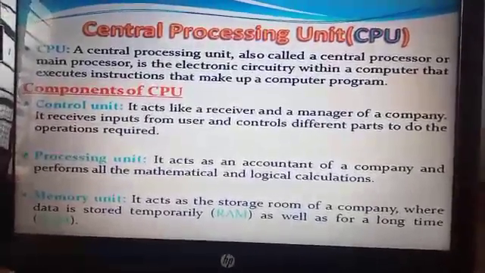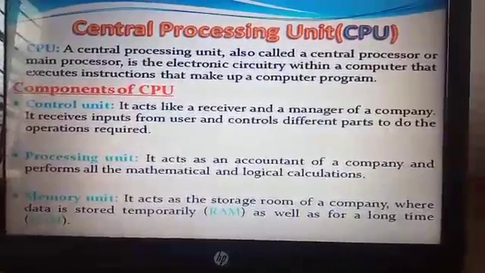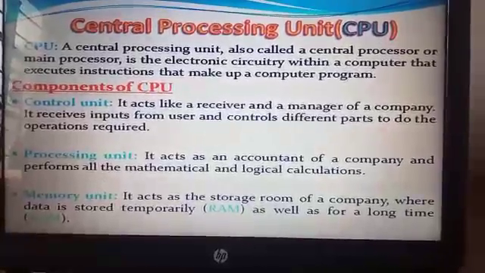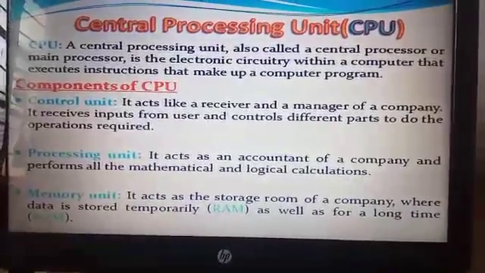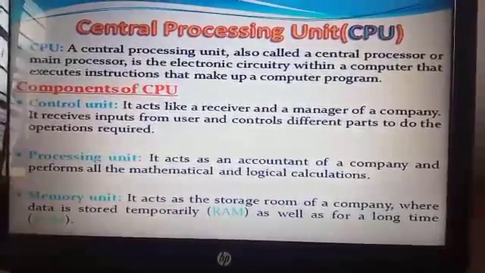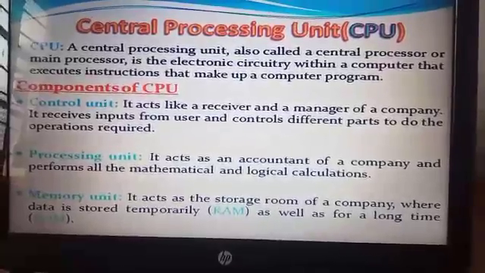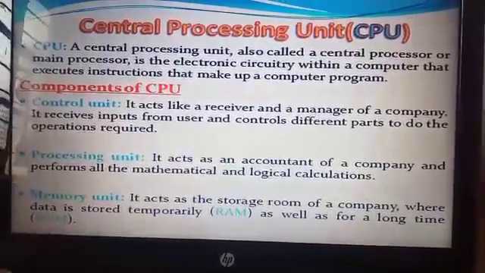Next is processing unit. It acts as an accountant of a company and performs all the mathematical and logical calculations.